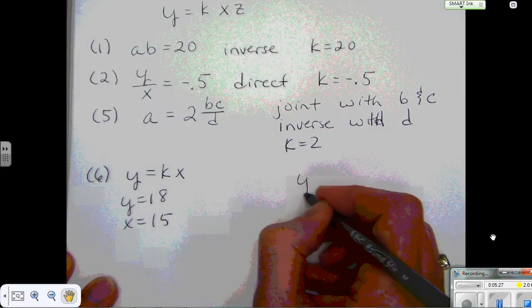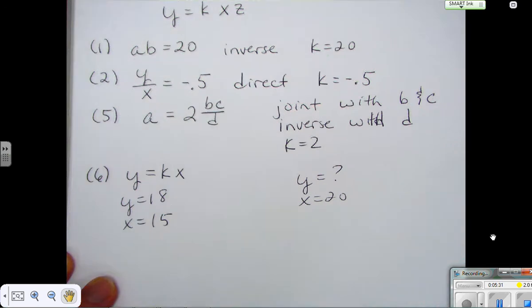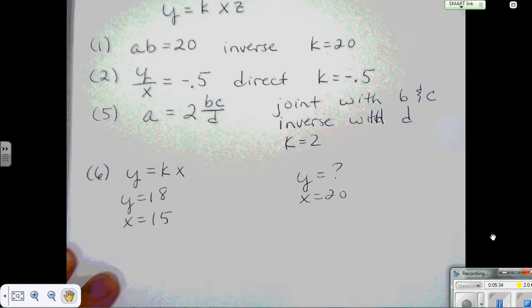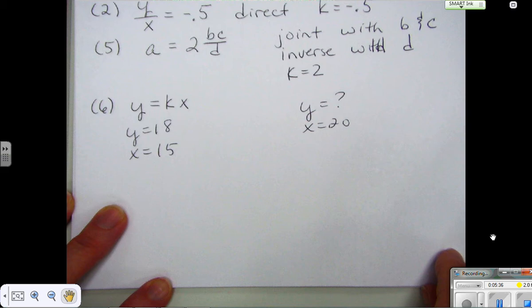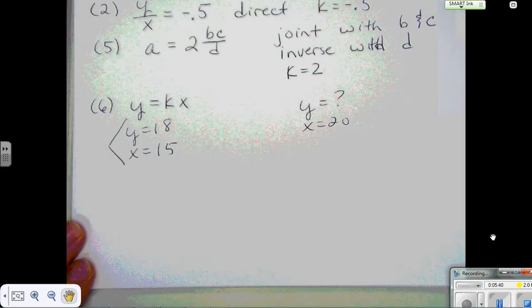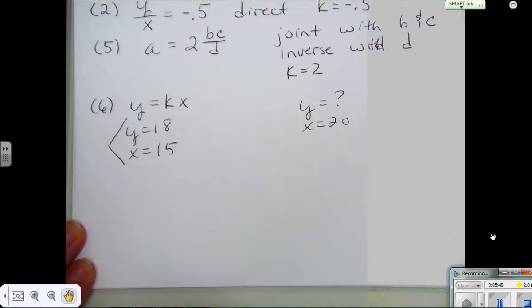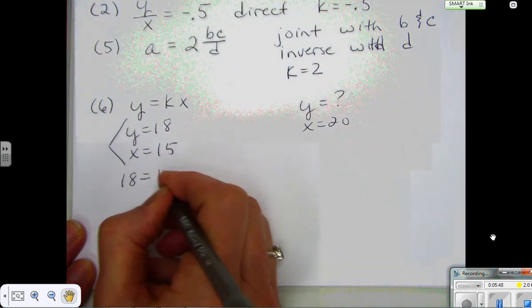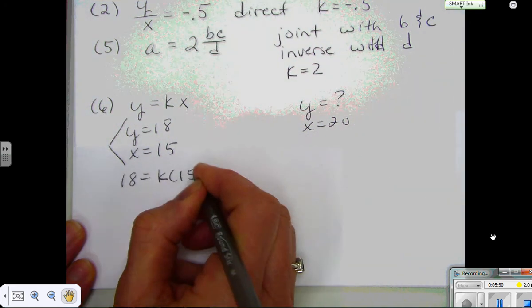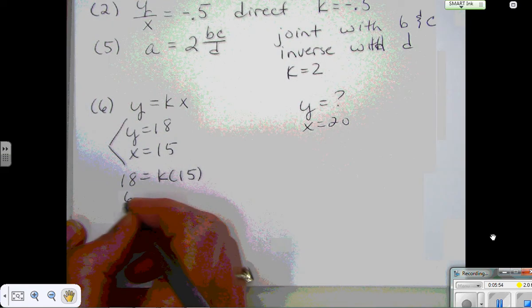Find the value of Y when X is 20. So I'm going to take the data that defines the two variables, so I can plug that into the equation and solve for K. So we got 18 equals K times 15. So to solve for K, I'm just going to divide by 15, and that's going to work out to be 6 over 5.